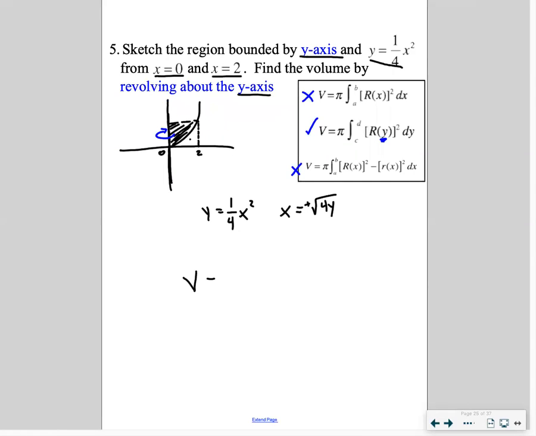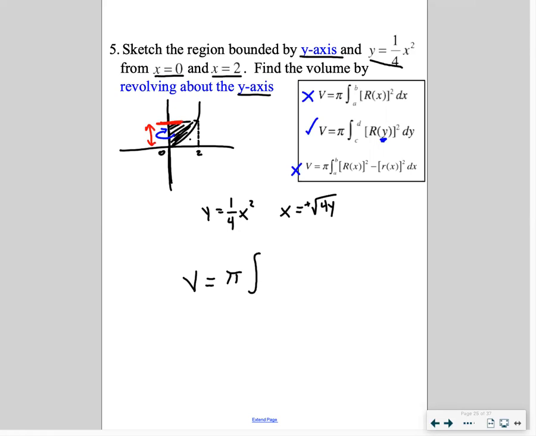So we have volume equals pi. All right, here comes trouble. Where are our boundaries? Is it 0 to 2? No, what do I do for my boundaries? Now remember, my y-axis, I'm going in this direction.